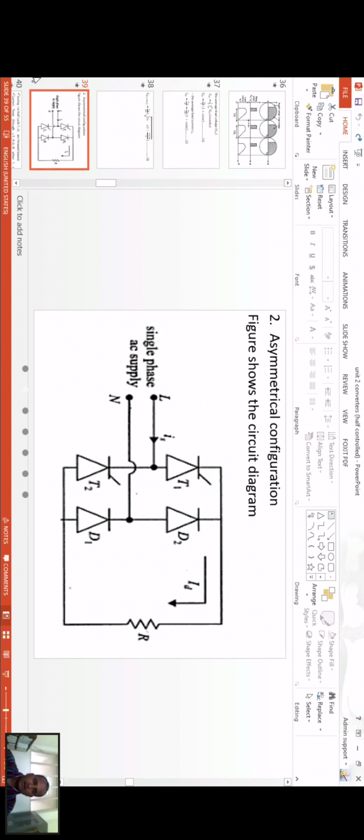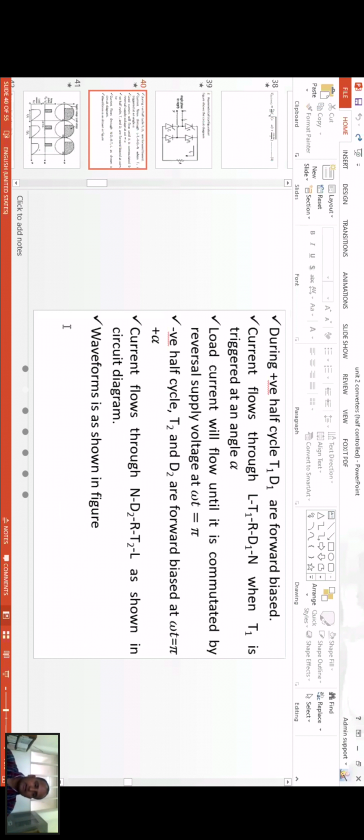In this case also, during the positive half cycle, T1 and D1 will conduct.